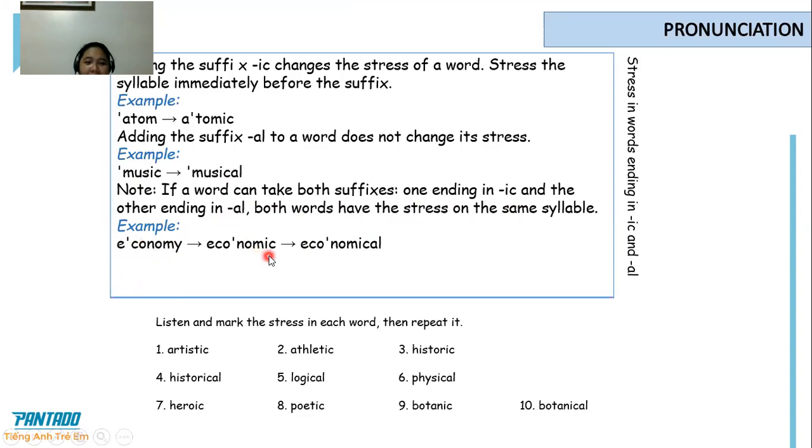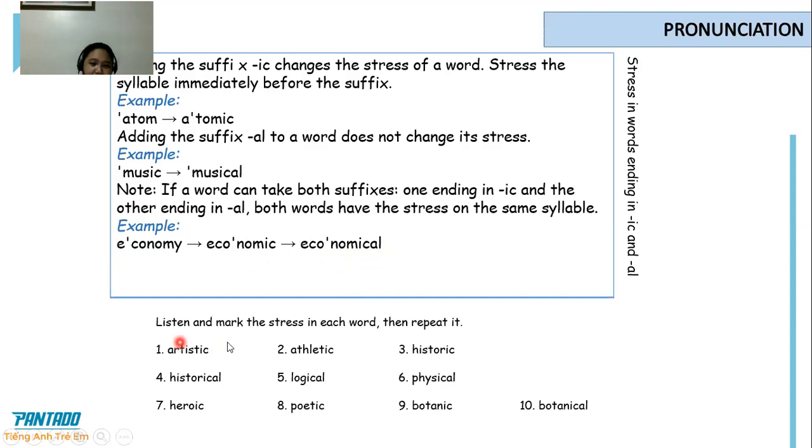If we change the ending to -ic, economic. And the next one, if we add -al, it's still the same. As you can notice, economical. So it's just the same.